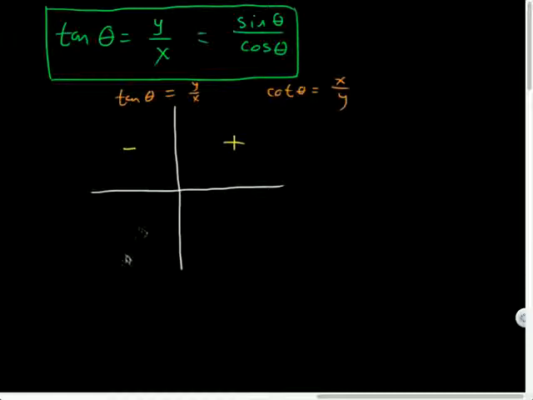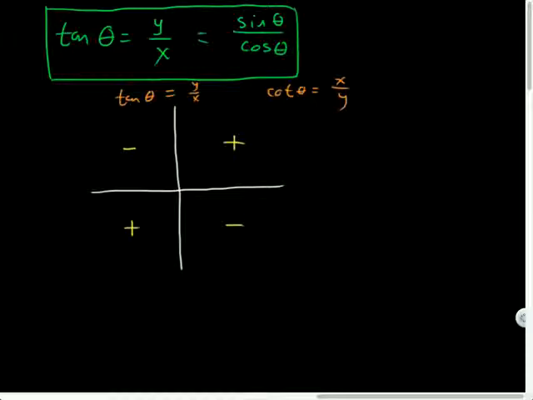For instance, in quadrant 3, sine and cosine are both negative, and a negative divided by a negative is positive. And for the fourth quadrant, sine is negative, cosine is positive, so they disagree, so that's what we would get. Good stuff.